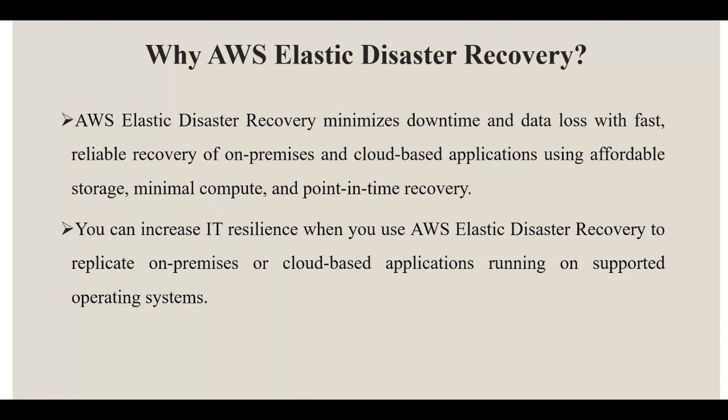So let's see the definition. AWS Elastic Disaster Recovery minimizes downtime and data loss with fast and reliable recovery of on-premises and cloud-based applications, using affordable storage, minimal compute, and point-in-time recovery.